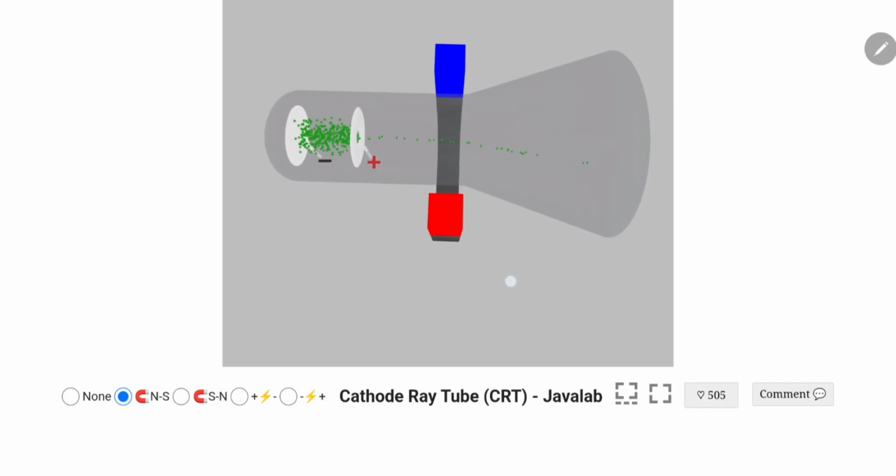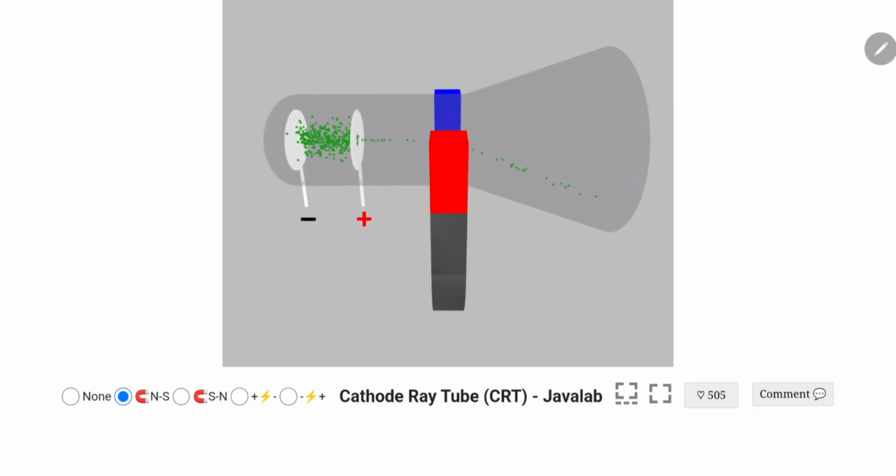When the poles are interchanged, once again it is attracted towards the south pole. So what is happening over here is that the south pole has positive properties, so it attracts towards the oppositely charged pole. This is what he actually did in the experiment.